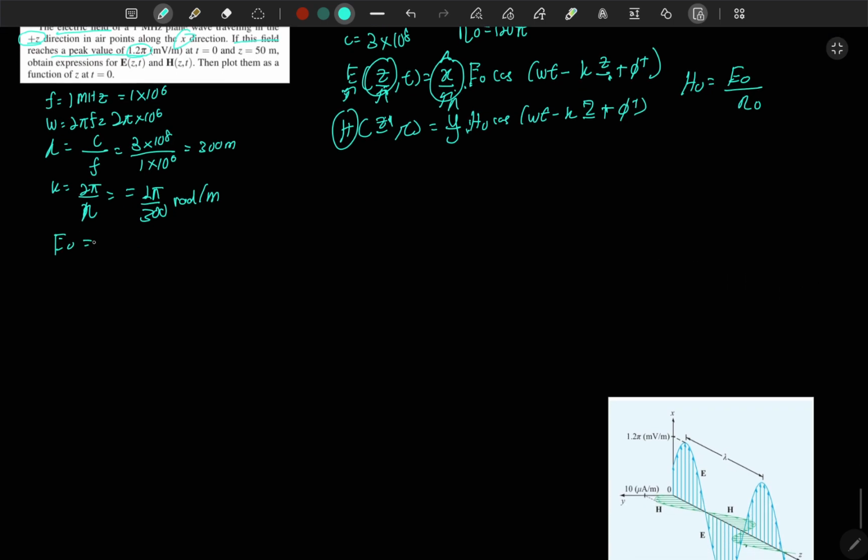Now we know that E naught is equivalent to 1.2 pi, and they say millivolt. So this value will be needed soon. Okay.